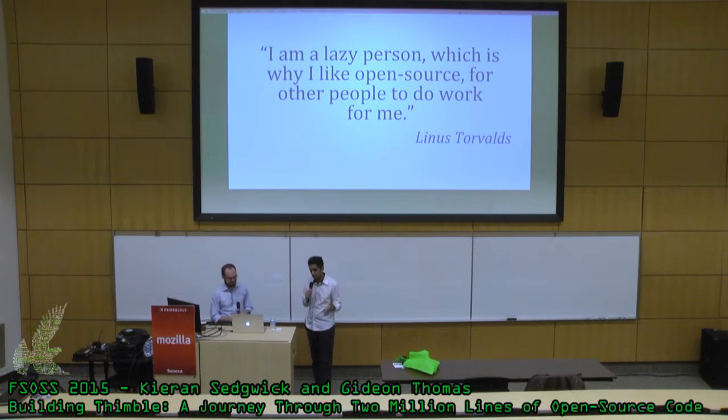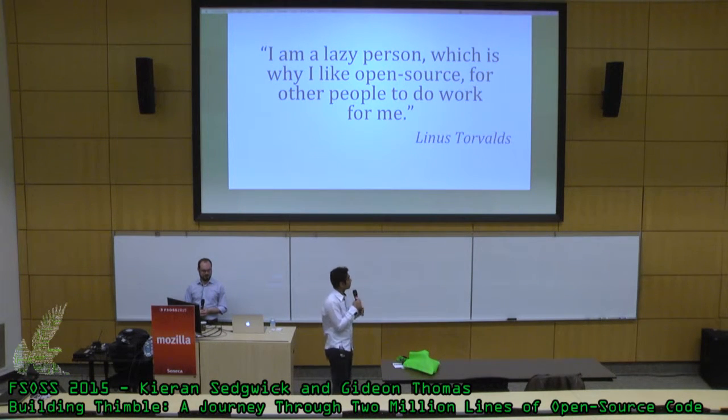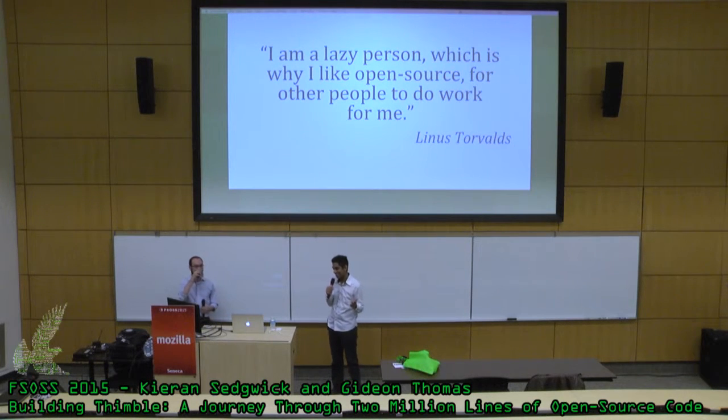So I'd like to take a quick detour right now to express a sentiment that is echoed throughout our presentation. Linus Torvalds is best known as a great developer, the father of Linux, and also for having a very sharp tongue.